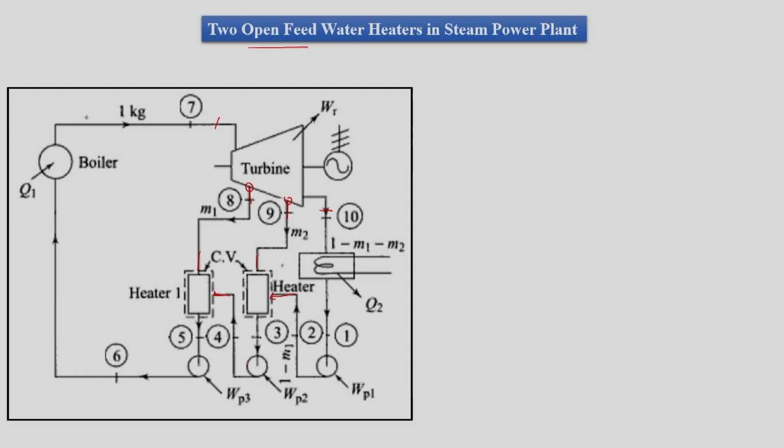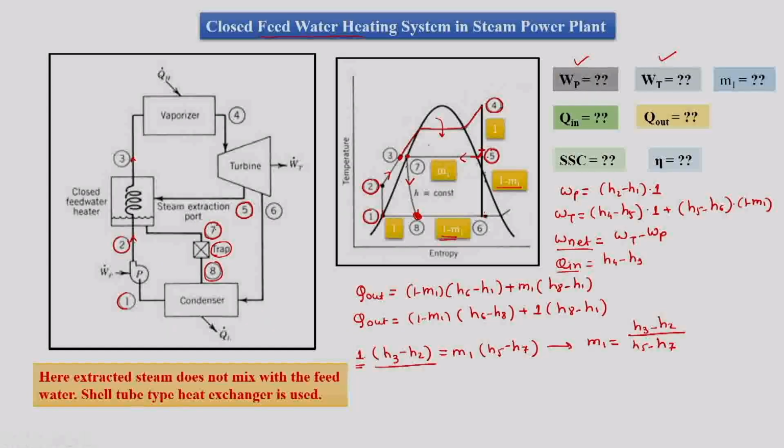But in case of open feed water heaters we need big pumps which handle a large amount of mass, as many as there are feed water heaters plus one condenser pump. Since we have two feed water heaters plus one condenser, we need three pumps if we are operating with open feed water heaters. In case of closed, as we have seen last time, since we are sending the steam back, we do not need any pump apart from the pump for the condenser.